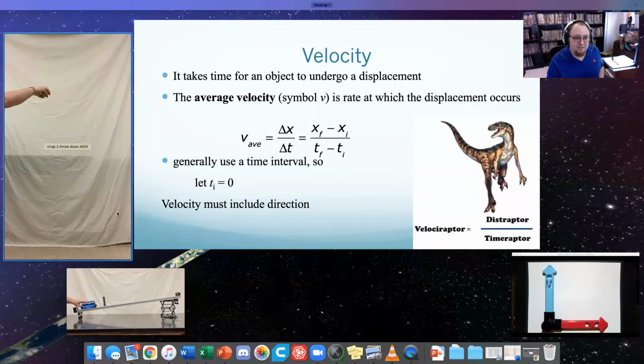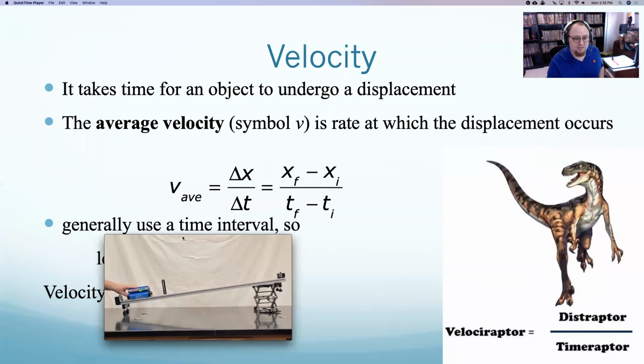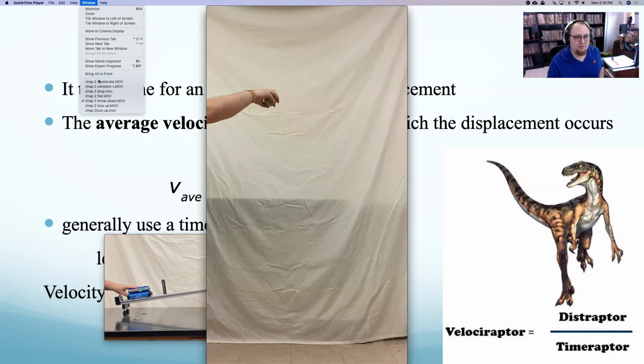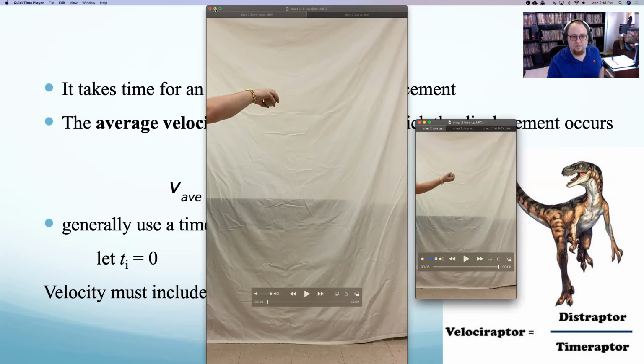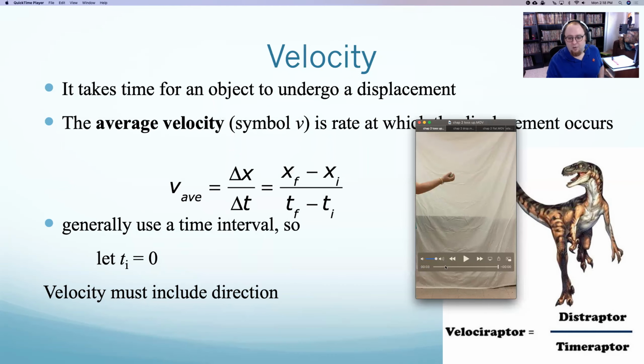If I go back to me throwing that ball up, not throw down, throw up, I would say its average velocity is actually 0, because it started and stopped at the same spot.